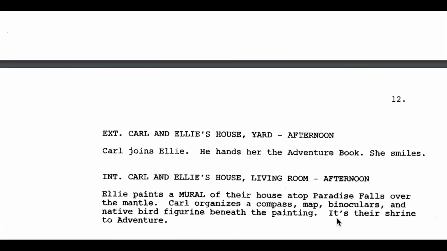But there's so much being communicated here, and there's no dialogue. There's just this montage of images where we understand that this is a couple who understands one another, who loves one another, who wants to be together, who wants to be around each other. It's just beautiful storytelling. And there's no break in the types of scene headings that we've already seen.